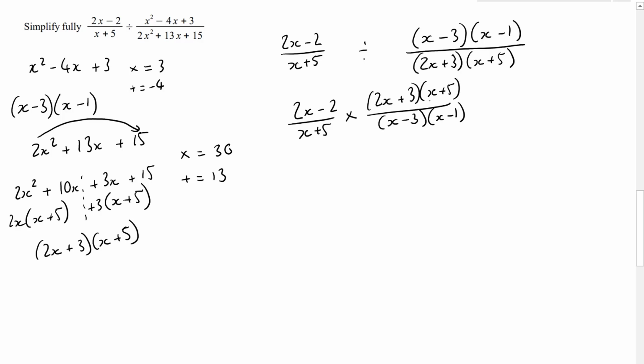Now this x plus 5 and this x plus 5 can cancel. So we're going to end up with an expression that's 2x minus 2 times 2x plus 3 over x minus 3, x minus 1.